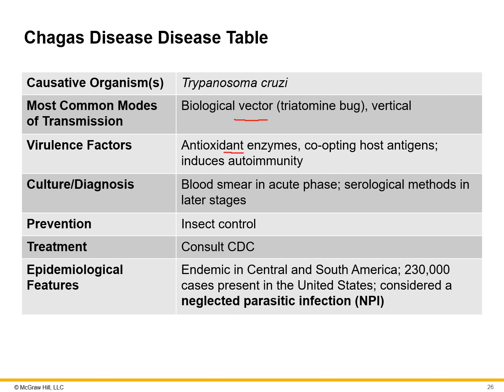Antigens are made co-opting host antigens, so it looks like us, and it can induce autoimmunity. So insect control and treatment is by consulting with the CDC, and this is considered an NPI, or neglected parasitic infection.